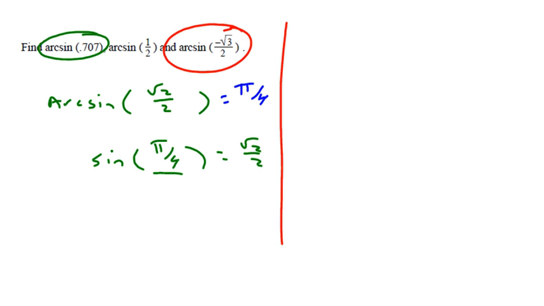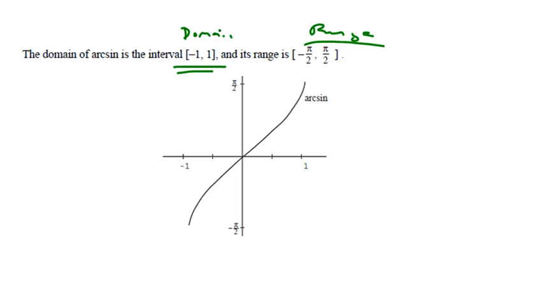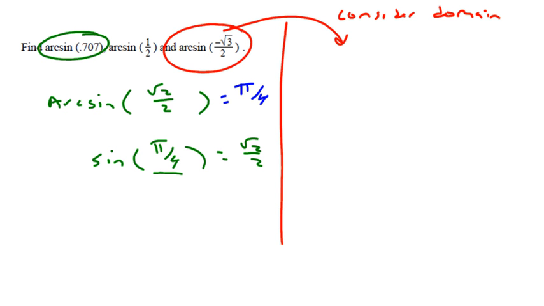Let's look at this one because here we have to consider our domain. So our domain, going back, is that we're only looking between -1 and 1. So for arc sine of -√3/2, that's saying sine of what will get me -√3/2.